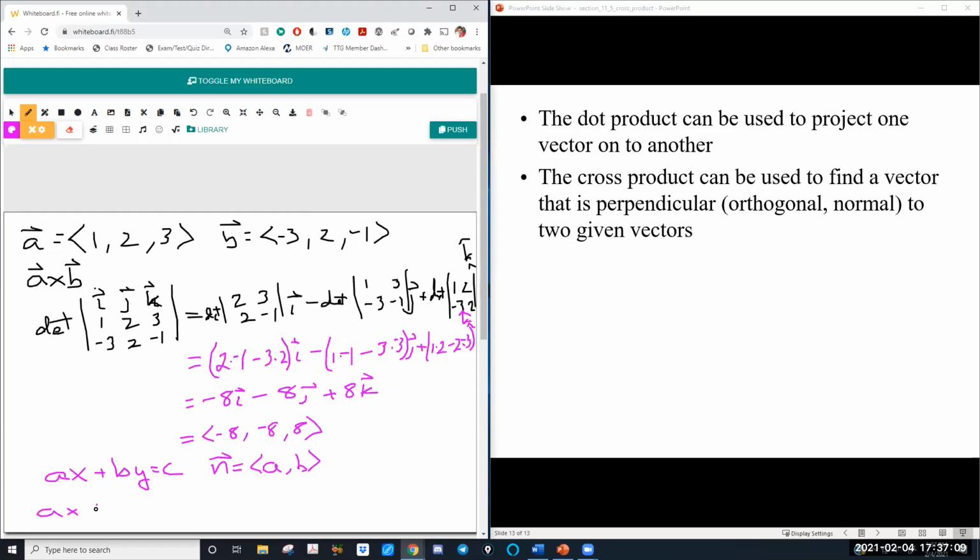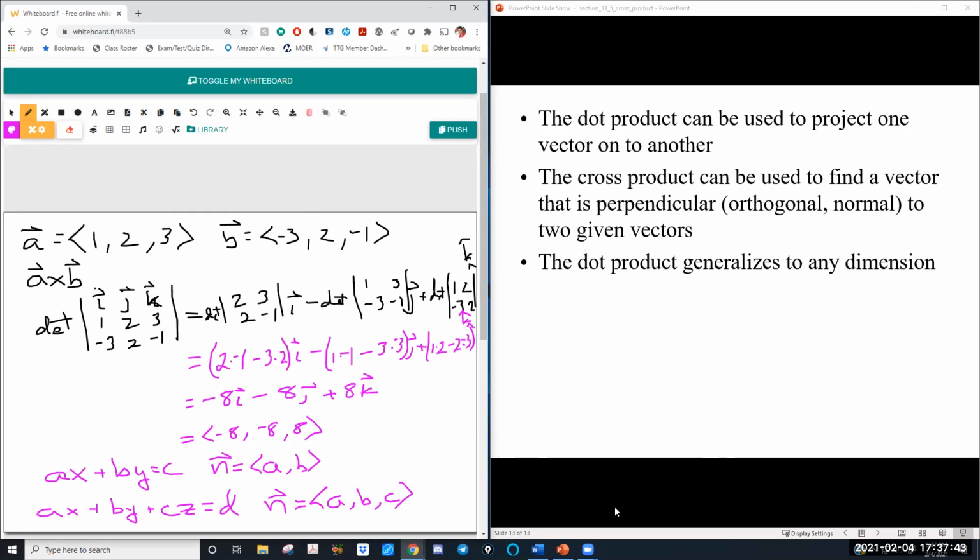If we have ax plus by plus cz equals d, then the normal vector is ⟨a, b, c⟩. So if we know the normal vector, it's very easy to build the plane. I'm kind of giving you a preview of next week, so don't worry about that too much. But we'll be seeing the applications of the cross product right away next week.